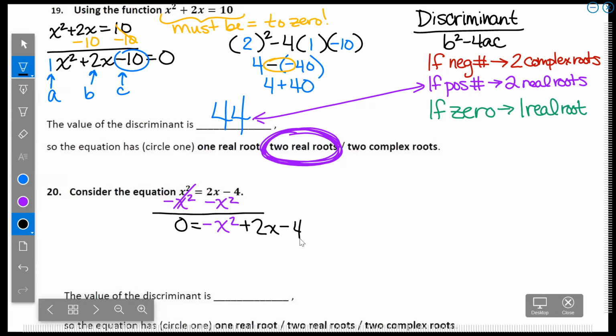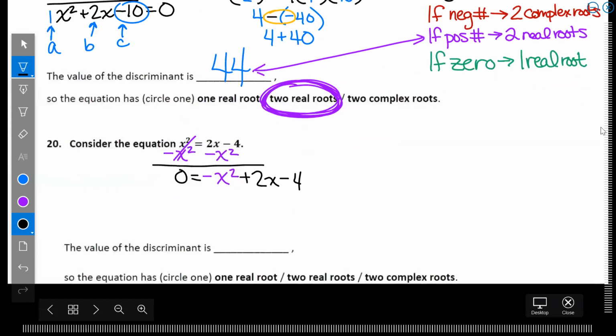Now I can go through and identify A, B, and C. What is A? -1. So -1 is our A. What is B? 2. What is C? -4.